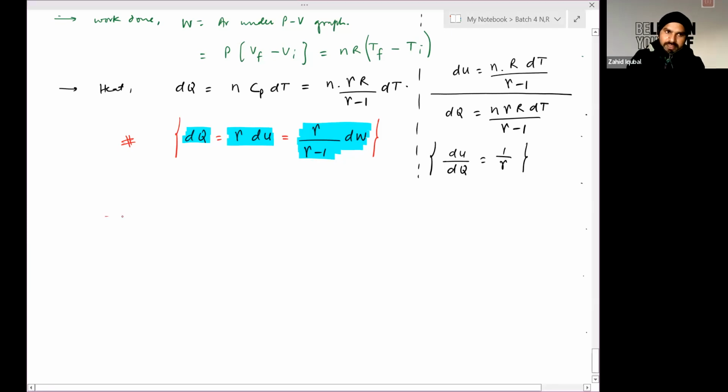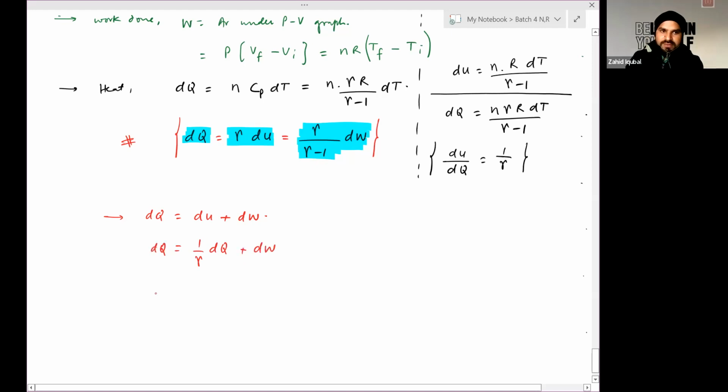Using the first law, we may write dQ equals dU plus dW. Since I have to calculate dQ and dW, just write dU in terms of dQ. So it will be 1 by gamma times dQ plus dW equals dQ.